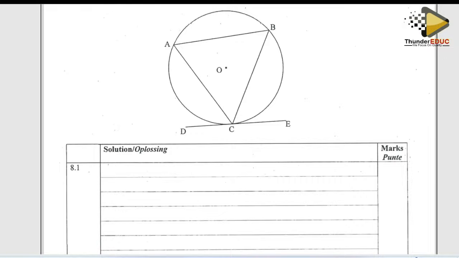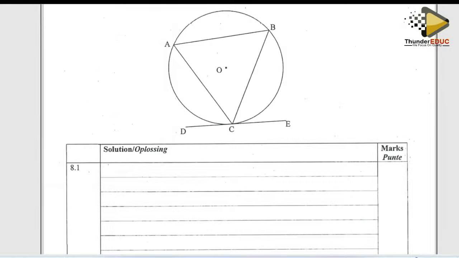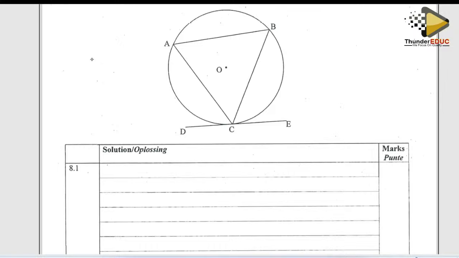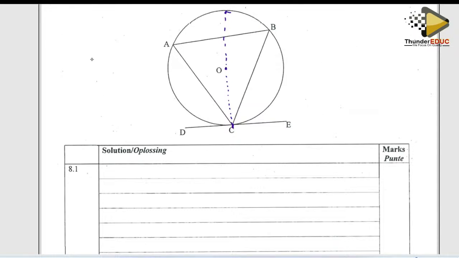Okay. So what we normally do is that we have to start by the construction. So draw a line from C passing through the center to the circumference, and then connect this other part.